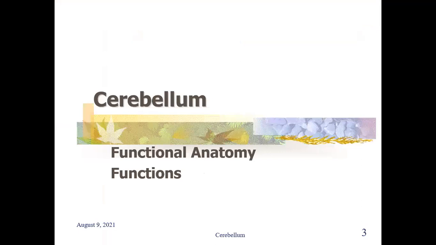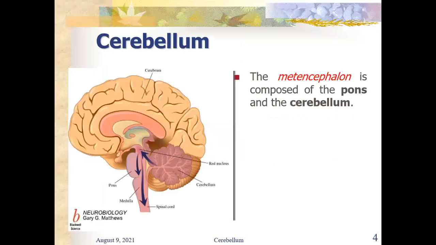So we shall start with the functional anatomy before we move to the functions of the cerebellum when it comes to control of body movement. So we move to the cerebellum, being part of the metencephalon.